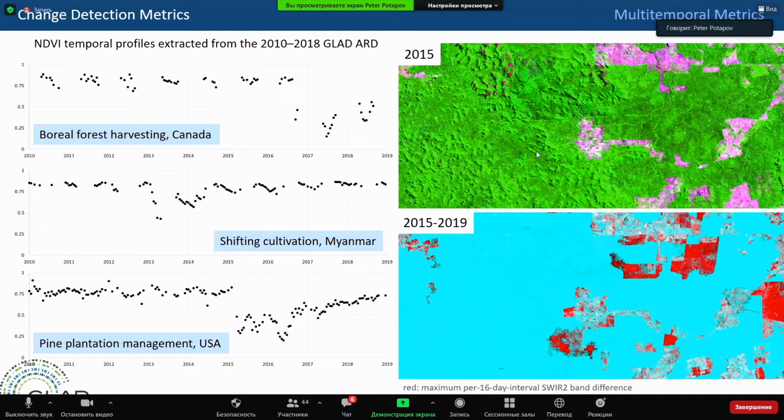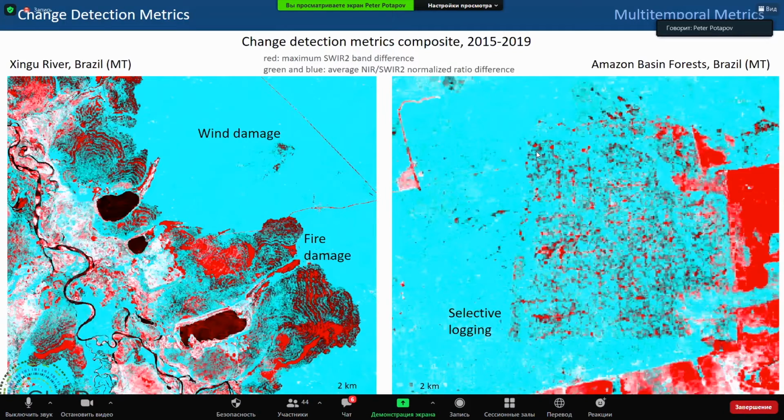An example is given in the bottom right image, which is a color composite. Blue is area with no change, and red is change that, in this particular case, happened in the last 4 years, not just 1 year.